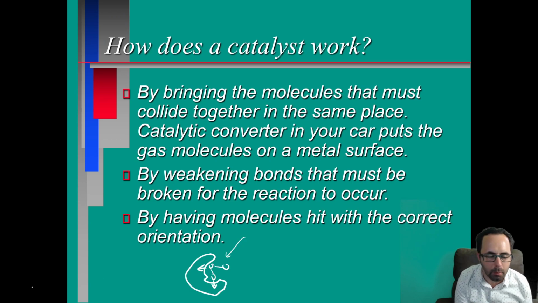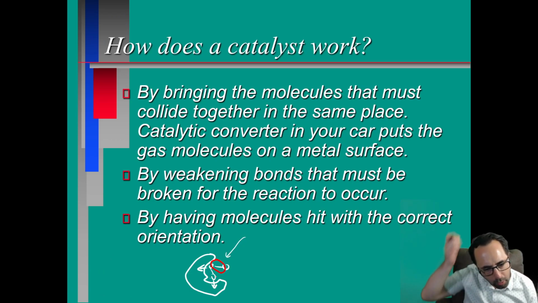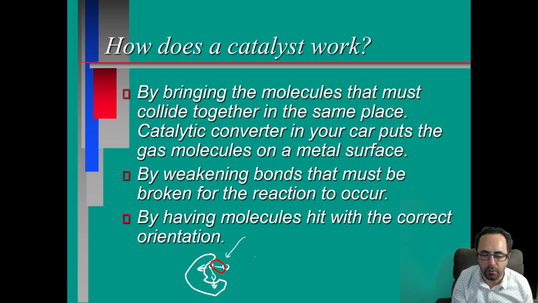Because now if this bond right here, let's say this bond right here has now been weakened by the pulling of the enzyme on the atoms here, the attraction towards the atoms. Now, if another molecule comes by to react, that molecule will more easily react and begin to form the bond, because this bond will now be starting to break.